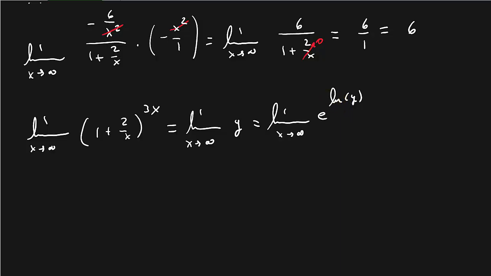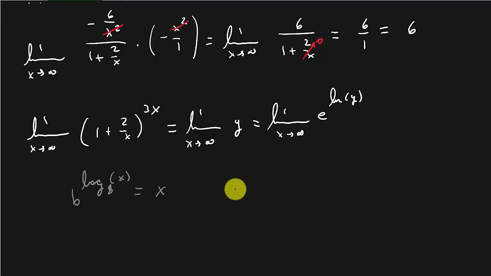Now, how does that happen? Well, remember, we have a property that says b raised to the log of x with base b is equal to x. If the base of the exponent and the base of the log are the same, your answer is just what you're taking the log of.